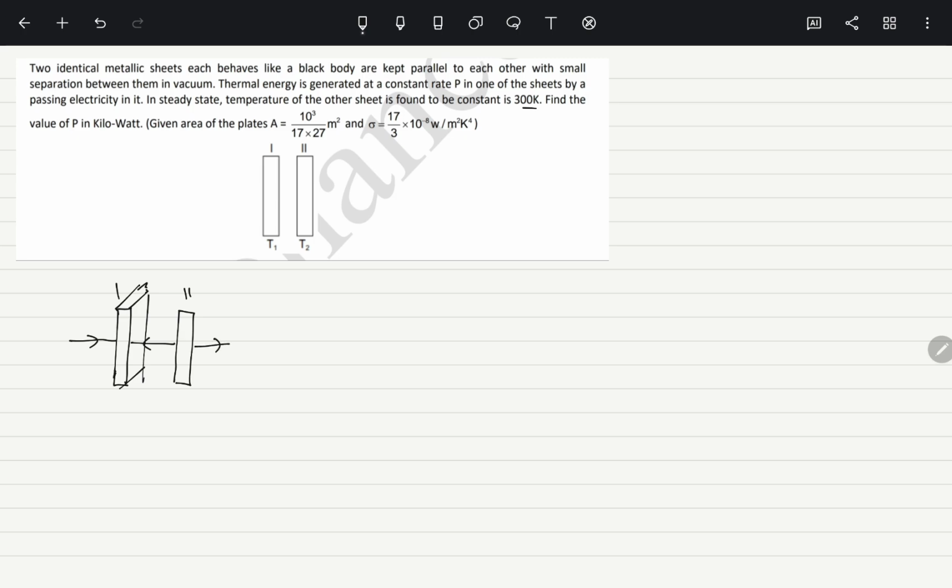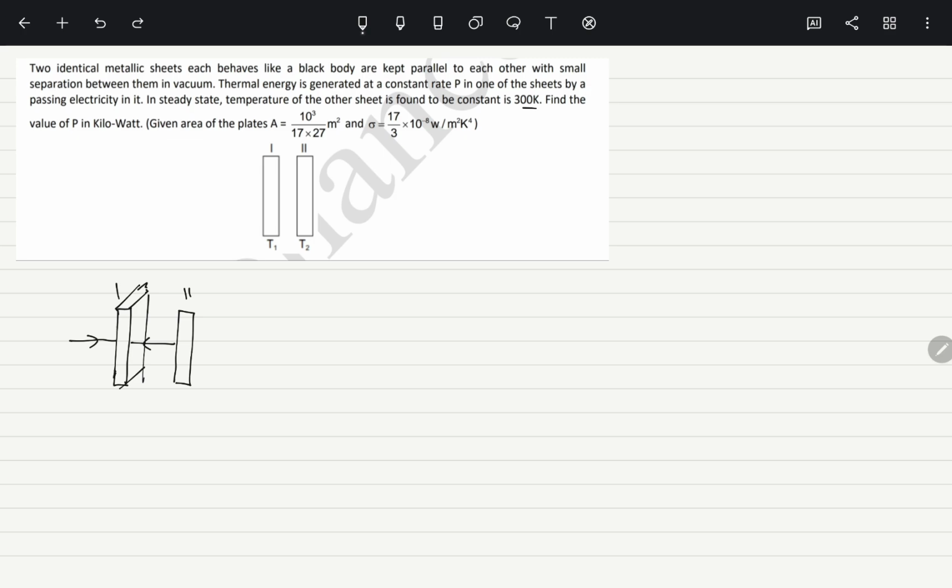This heat we will not consider because it is going away into the surrounding. Here we will consider only the heat which is released as well as absorbed. So for the first sheet 2 surface areas are considered, for the second only 1 surface area is considered.